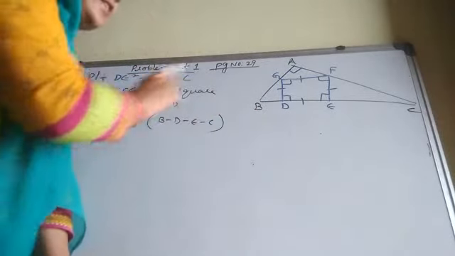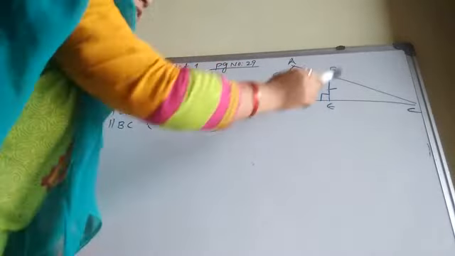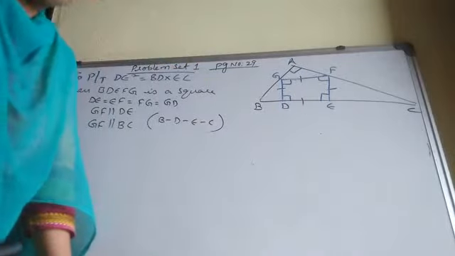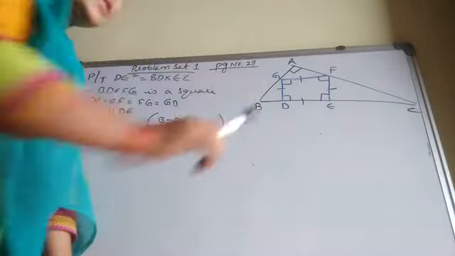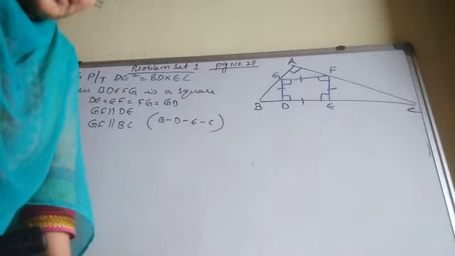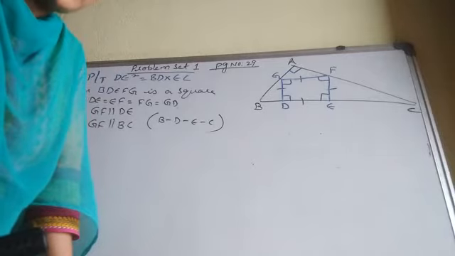Then triangle AGF is similar to EFC. Then from 1 and 2, these two triangles are similar. If they are similar, by CSST, their corresponding sides are in proportion.